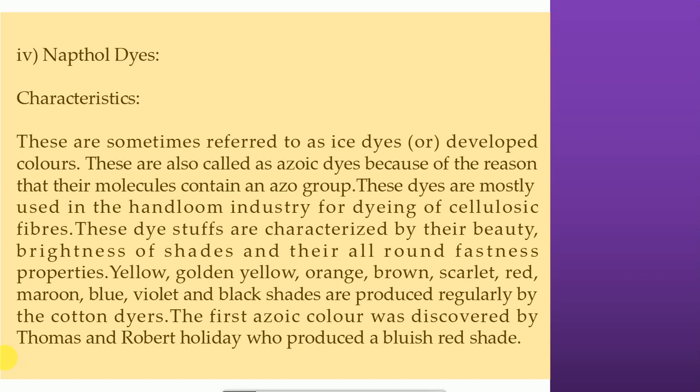These dyestuffs are characterized by their beauty, brightness of shades and their all-round fastness properties. Yellow, golden yellow, orange, brown, scarlet, red, maroon, blue, violet and black shades are produced regularly by the cotton dyers. The first azoic color was discovered by Thomas and Robert Holliday, who produced a bluish-red shade.